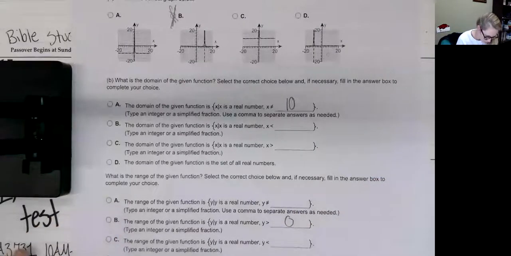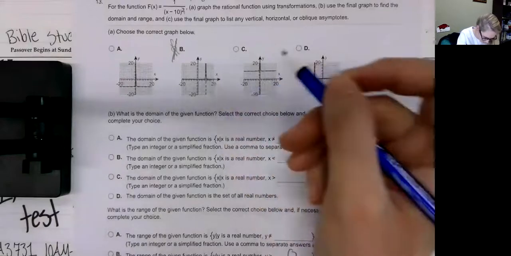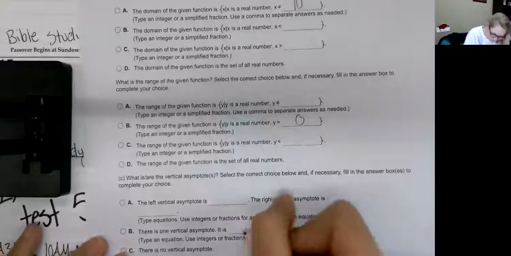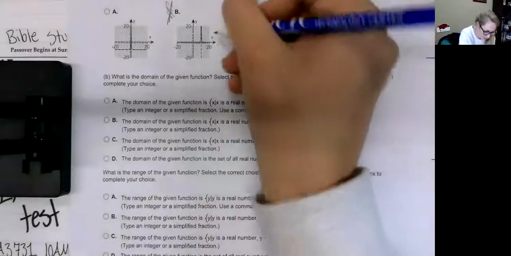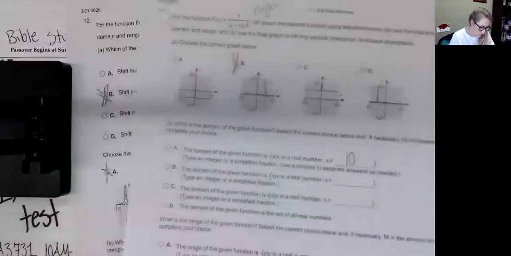Vertical asymptote, so vertical up and down, there's one of them, and it is at x equals 10. It's like I have to decide which one to write on, so it is x equals 10. Horizontal, just like the last one, so it's y equals 0. There's not an oblique.